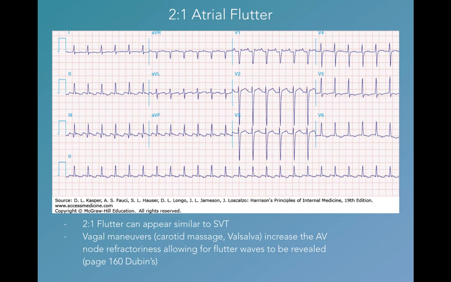So that will allow for more flutter waves to be revealed. And there's a great example on page 160 in the Dubin's Orange EKG book. So take a look at that. There's an actual example showing before and after 2-to-1 atrial flutter.